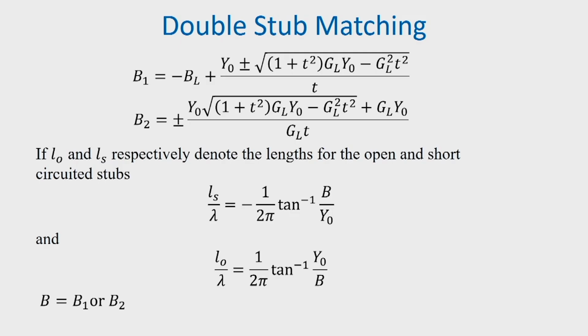We have seen the double stub matching analytically, and we have derived the closed form expression for computation of stub lengths. Let us now consider double stub matching using Smith chart.